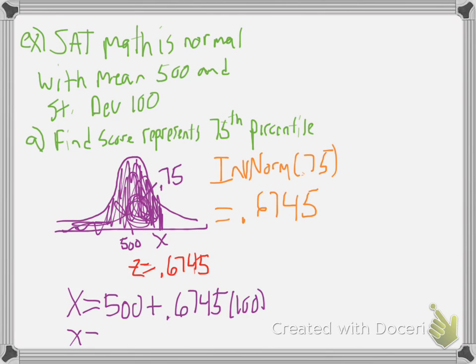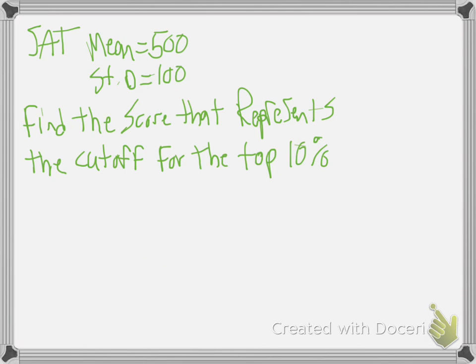This x will be 567.45. I hope I did my math right. Okay, so a score of 567.45 represents the 75th percentile. If you score at 567.45, you are at or above 75% of the rest of the people that took the test.